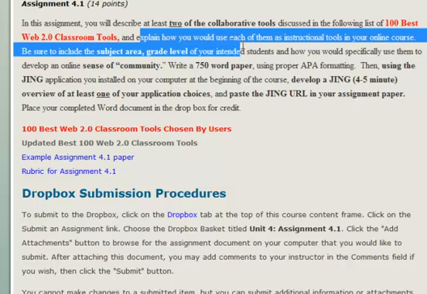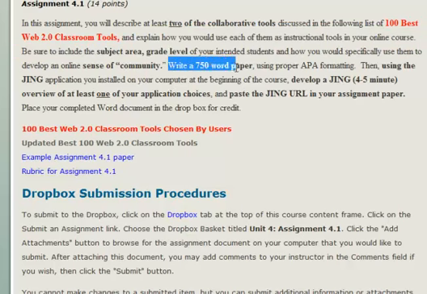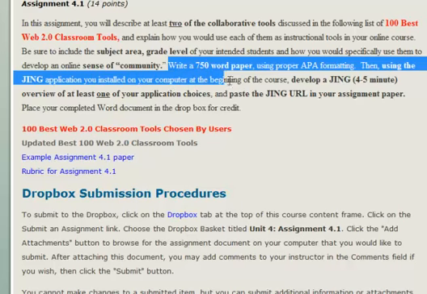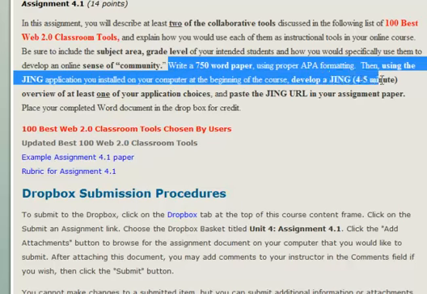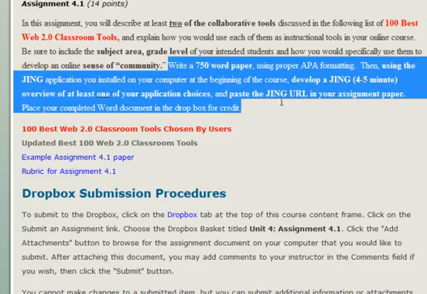They include the subject area, grade level of the students, and how they would specifically use them to develop a sense of community. They write a 750-word paper using proper APA formatting, and then using the Jing application that they installed on their computers at the beginning of the course, they develop one Jing 4 to 5 minute overview of one application and paste it into their assignment paper, so that when I receive the paper in the Dropbox, I'll be able to click on it and see their Jing clip of the application they have selected.